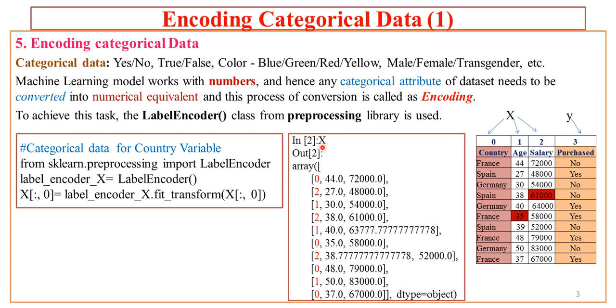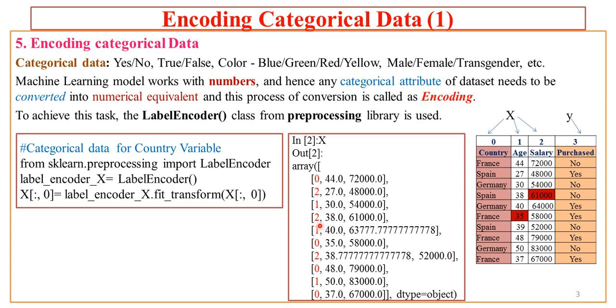Now if you try to print this X, which is the independent part of our data set, you will get this output. This output is nothing but an array, and if we compare the output with the earlier X independent variable set, here France is replaced by 0, Spain is replaced by 2, Germany is replaced by 1, Spain is replaced by 2.